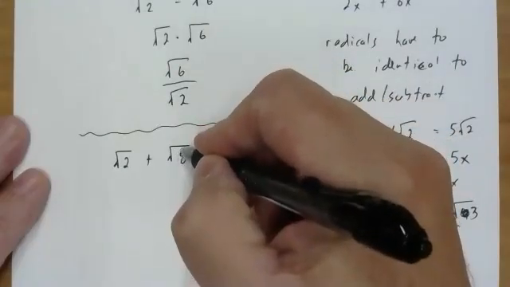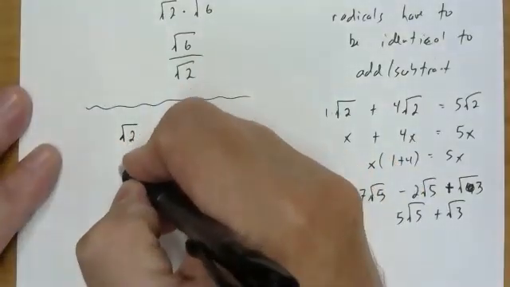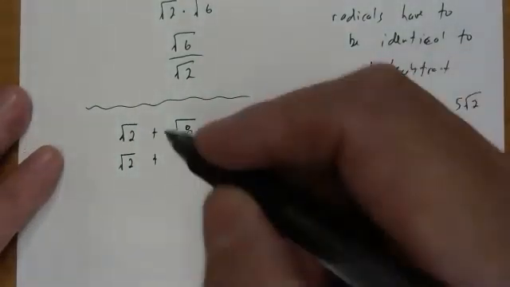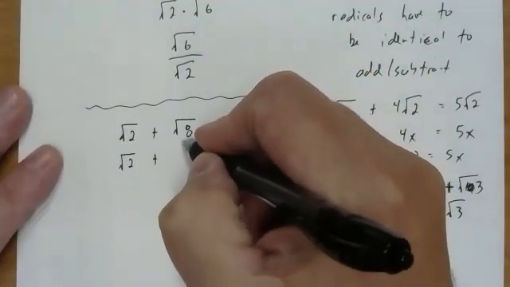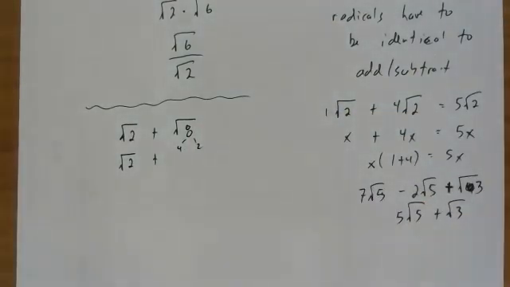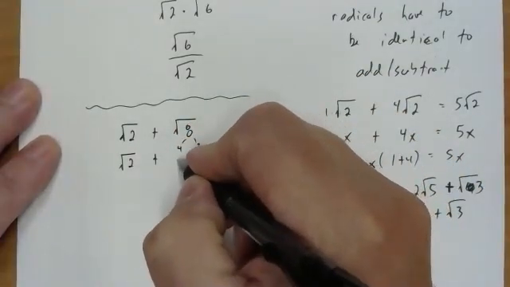Simplified meaning, can stuff be pulled out of the square root? In other words, square root of 2 cannot be simplified. But you know what? If you remember simplifying radicals, 8 is 4 times 2. Square root of 4 can come out as the 2.